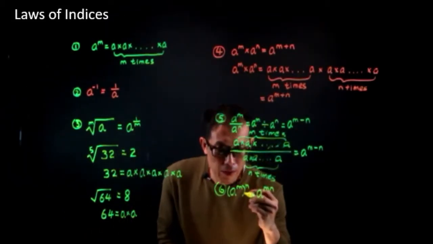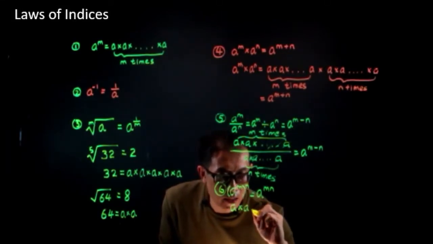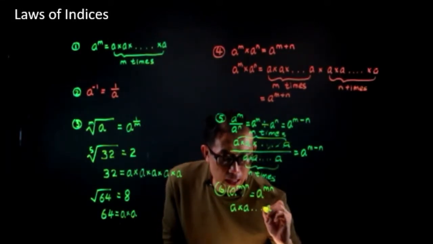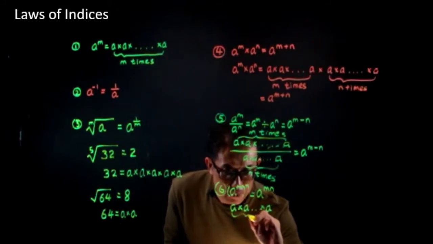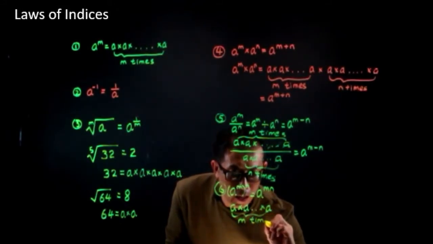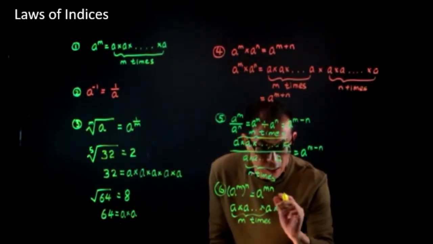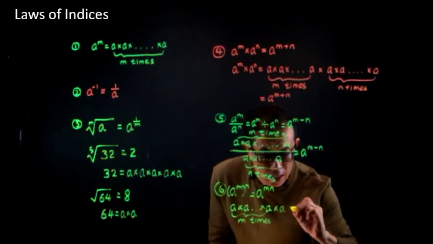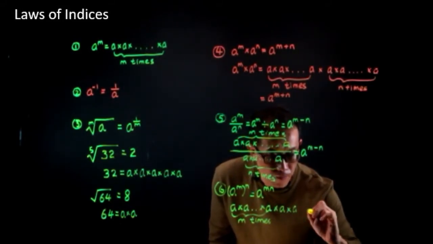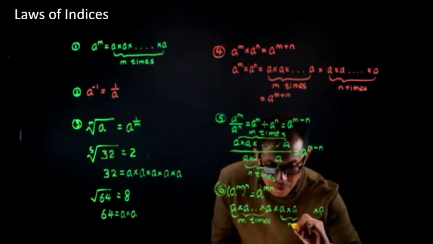Now A to the power m is A times A times A, m times. And then you repeat itself. This group repeats itself, another m times.